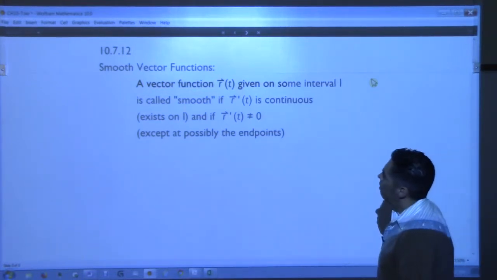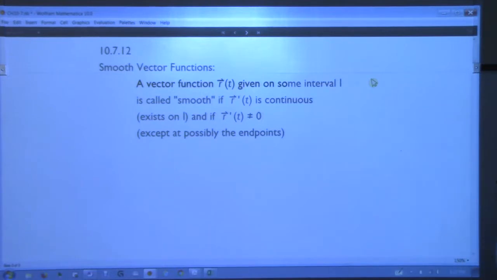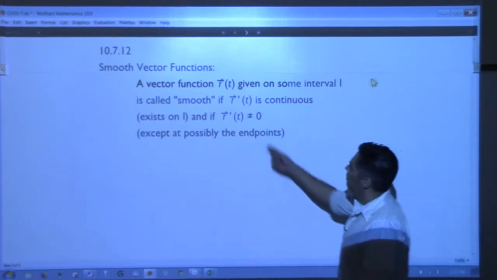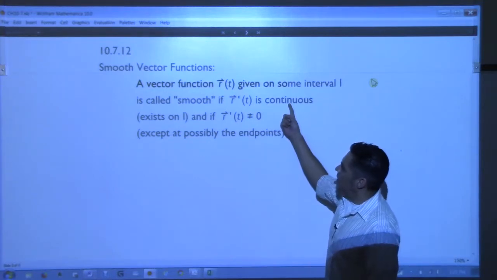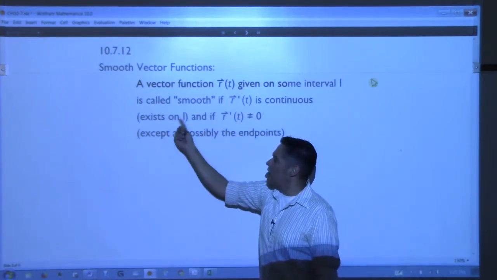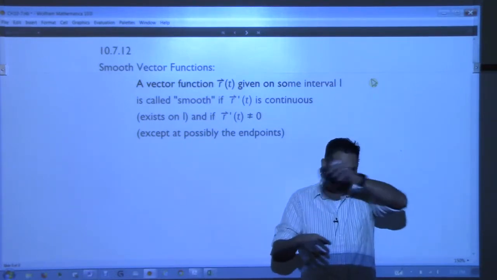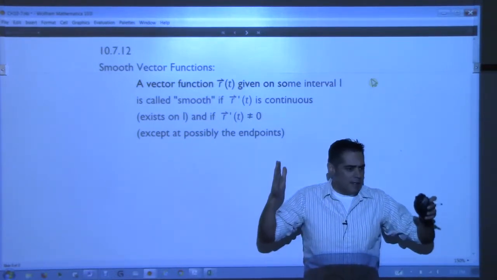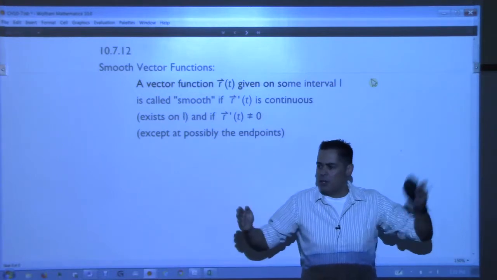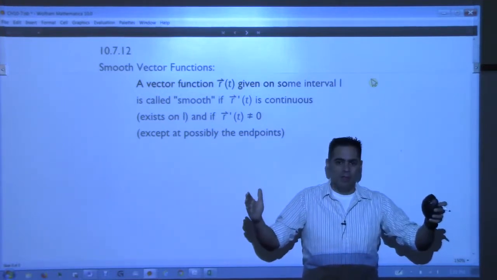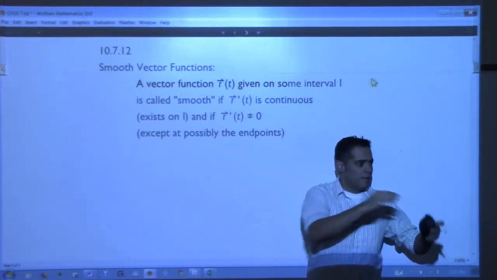A vector function r of t given on some interval I is called smooth if, first of all, the first derivative is continuous and exists on I. So let's say that we're looking at some vector curve, right? Some function. And we define it, let's say, on t goes from like 0 to 2, right? So we have a closed interval, and we're just drawing a piece of some curve.